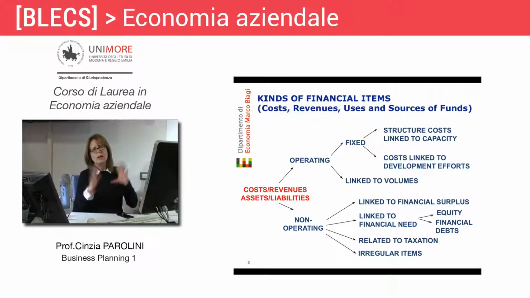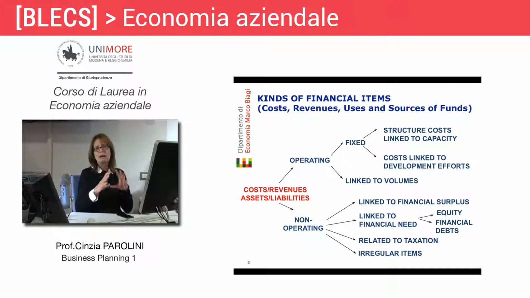A second group of fixed items is represented by costs and other items linked to development. Mainly they are costs, but we may also have other kinds of items. For example, costs for R&D, research and development, or advertising costs. This kind of costs is not linked to volume, but it's not even linked to capacity. I may have a startup, a new company, that spends a huge amount of money in R&D.